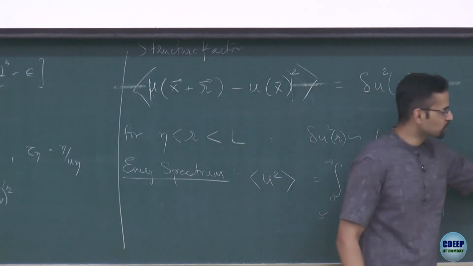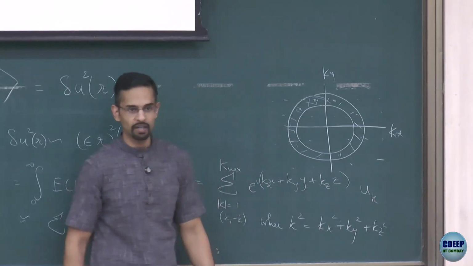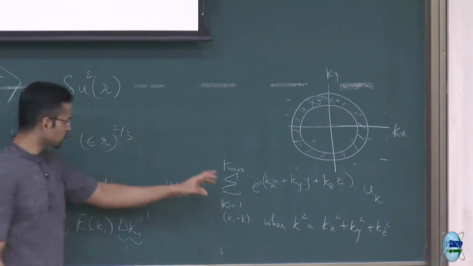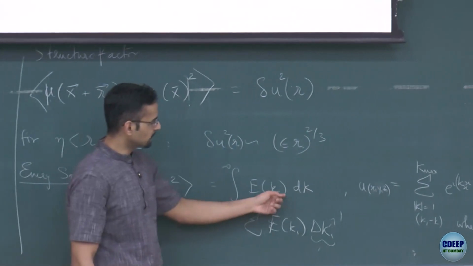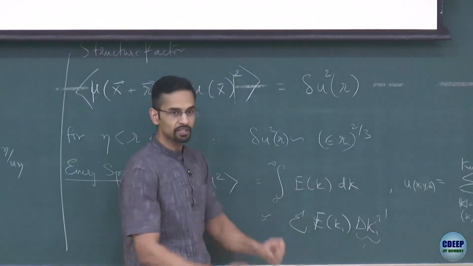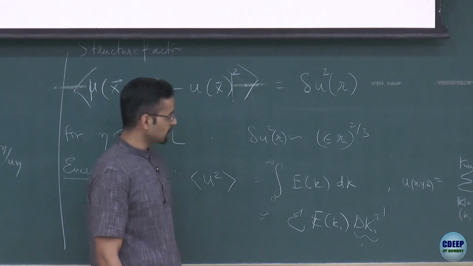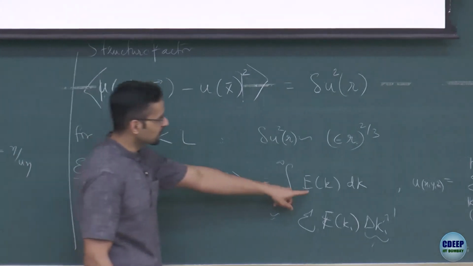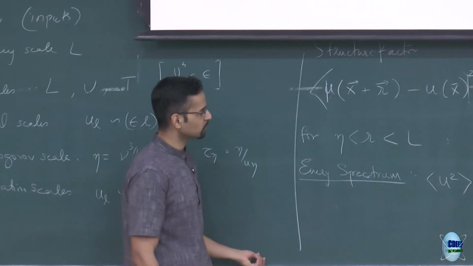I will have the amplitude among different Fourier modes, and then I take the square and sum up those amplitudes. If I suitably construct it using isotropy to rewrite it in terms of the energy per unit wave number shell, then I will get this E of k. Now the question is, how should E of k behave if I'm in the inertial range of scales? That's what we'll look at.